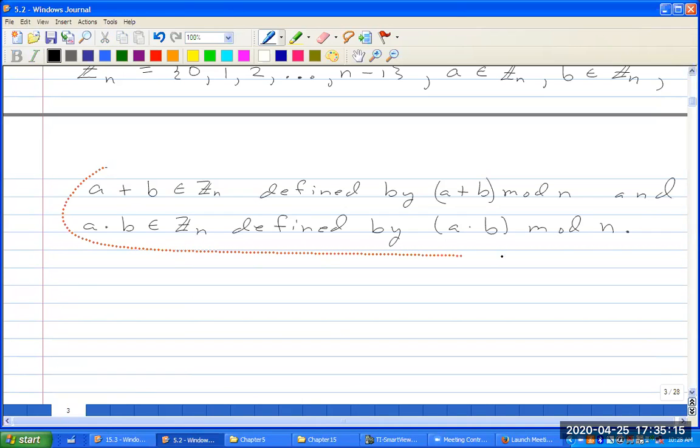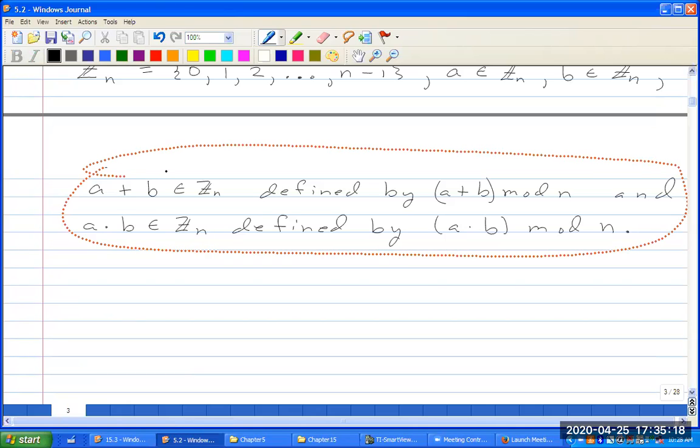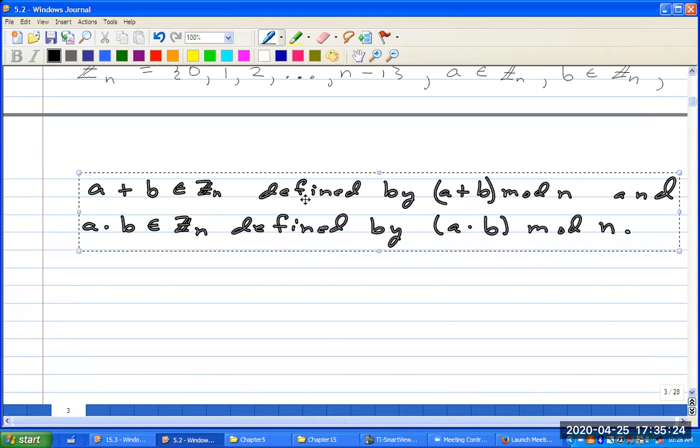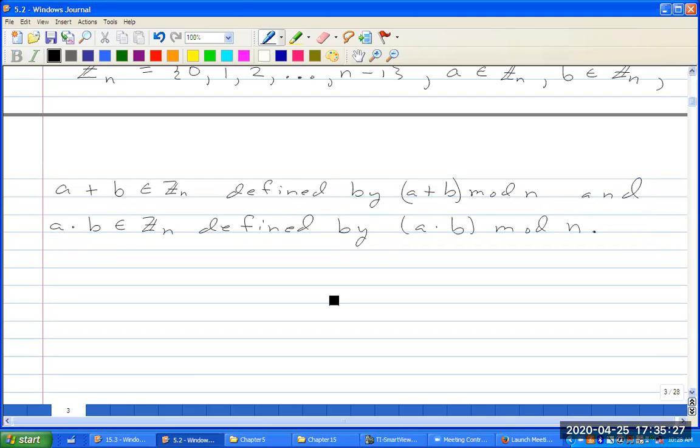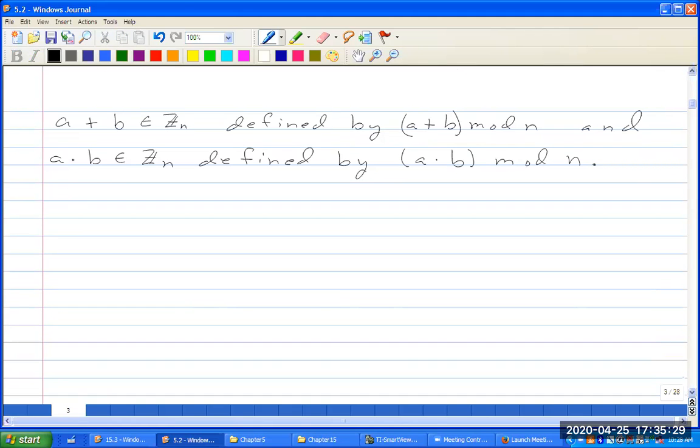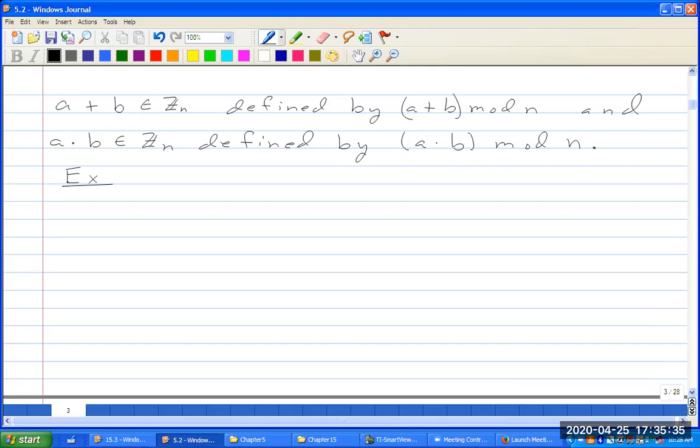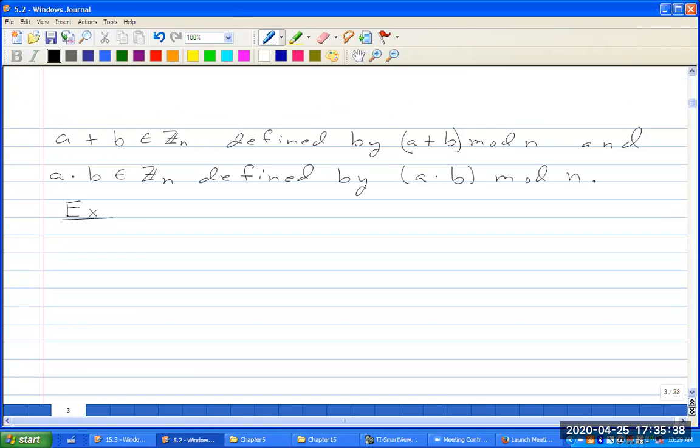For example, since I'm giving an example of 8 here, maybe I'll do Z8. In Z8, let's take 2 elements, 5 plus 4.